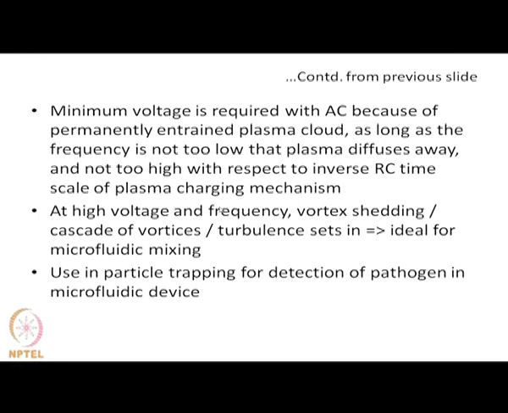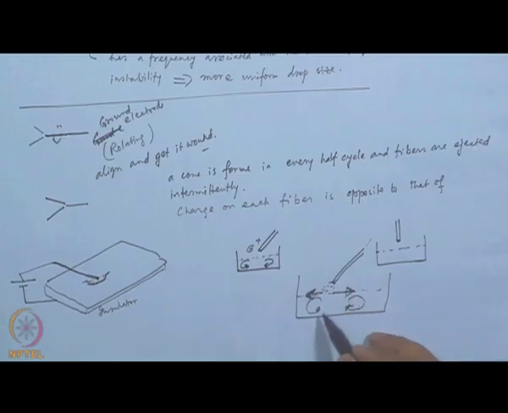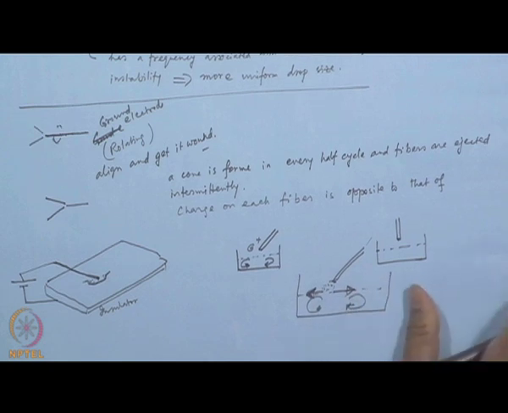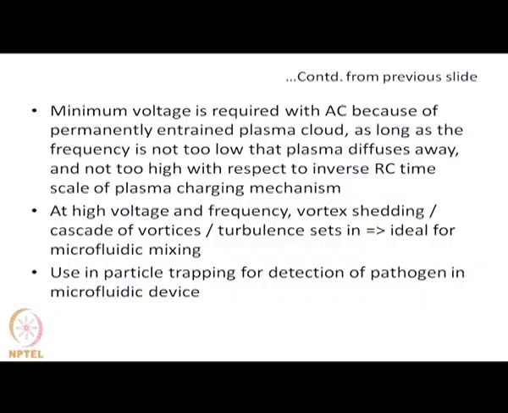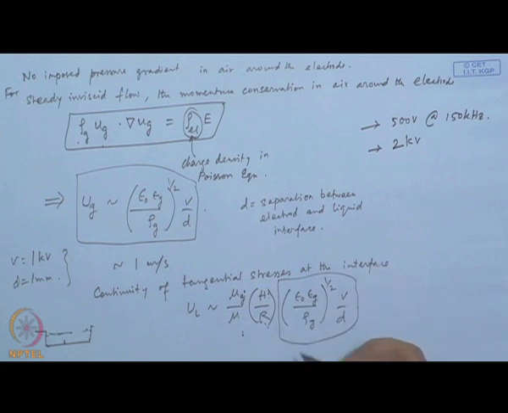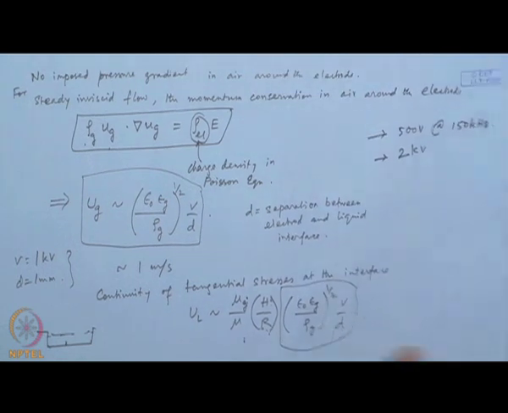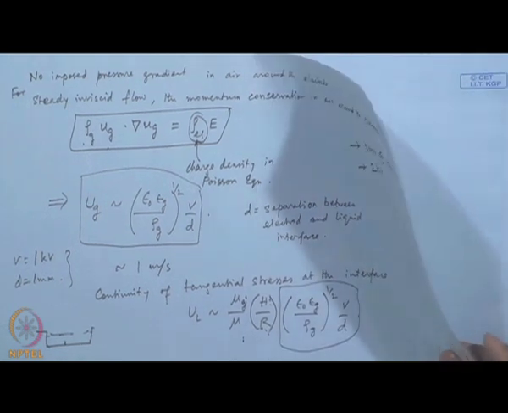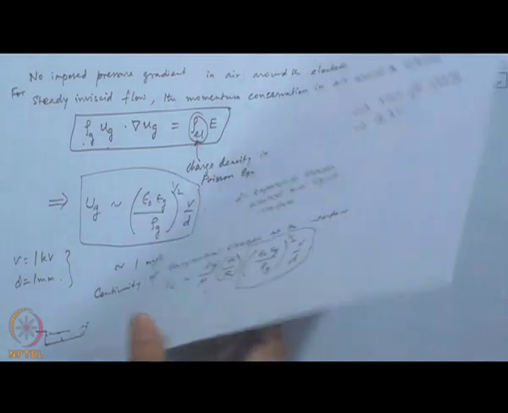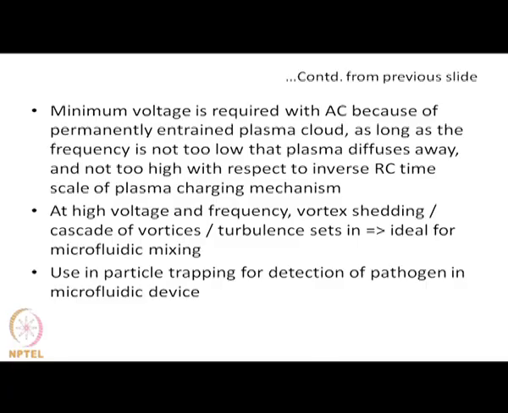We have talked about the formation of a vortex, and then at high voltage and frequency there would be vortex shedding, a cascade of vortices, and the turbulence sets in, which is ideal for microfluidic mixing, that we have already discussed. Now, there is another application which has some meaning here, particle trapping for detection of pathogen in microfluidic devices.